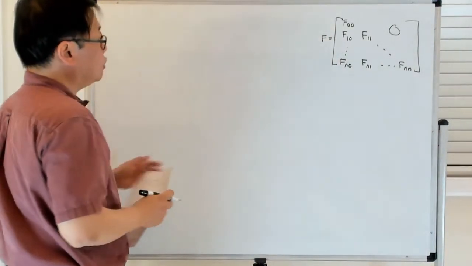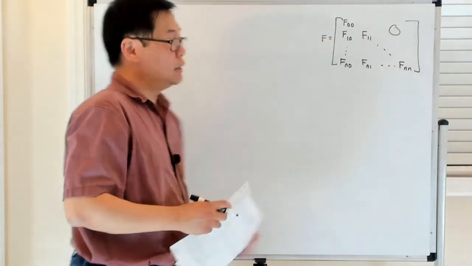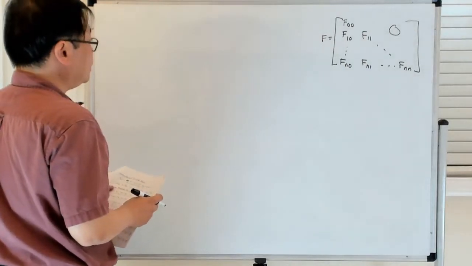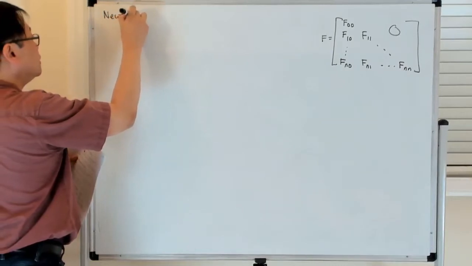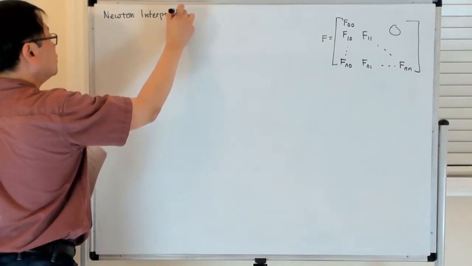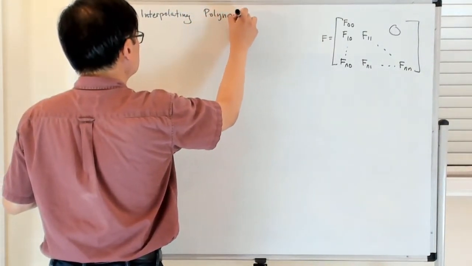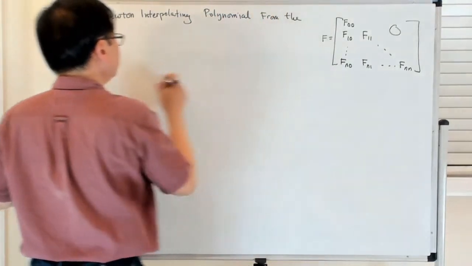So I'm going to talk about how you use these coefficients in the divided difference table to write down the Newton interpolating polynomial, right? So this is the Newton interpolating polynomial from the divided difference table.